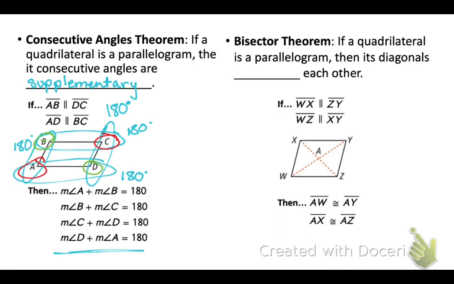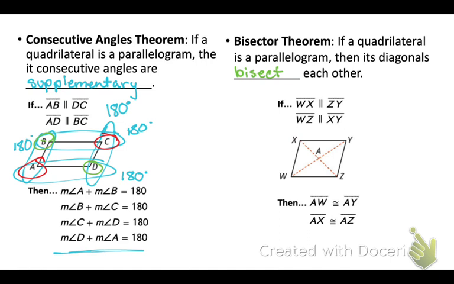Yeah. Okay, bisector theorem. What does it mean to bisect, City? To split something in half. Okay, split something in two equal parts, right? So if a quadrilateral is a parallelogram, then the diagonals bisect each other. Now, it didn't say the diagonals were congruent, did it?